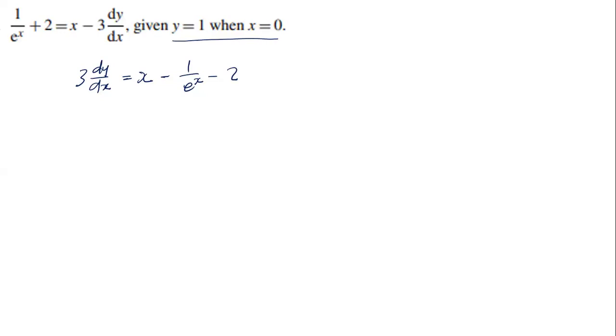But the aim is to rewrite this equation in the form of dy over dx. So I'm going to have to get rid of this 3, which means dividing the whole equation by 3. So here I'm going to have dy over dx equals x over 3 subtract 1 over 3e to the power of x subtract 2 over 3.